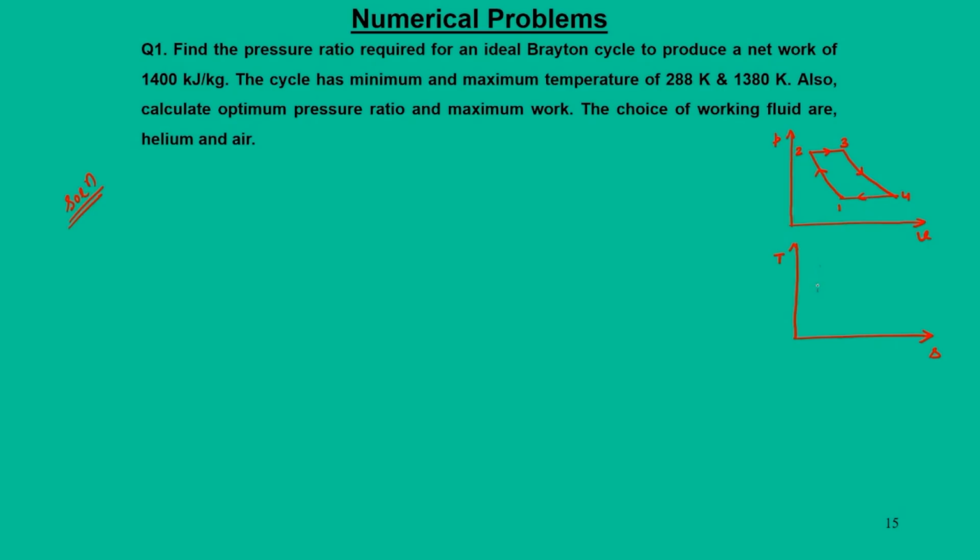And in the temperature-entropy diagram, the cycle can be drawn in this manner like 1, 2, 3, 4.